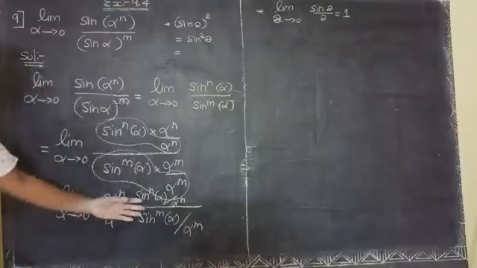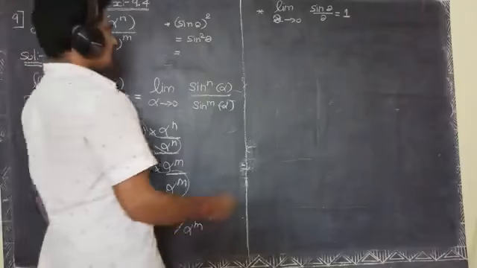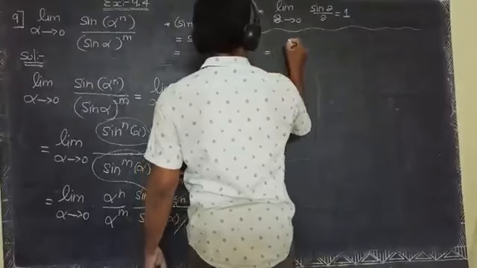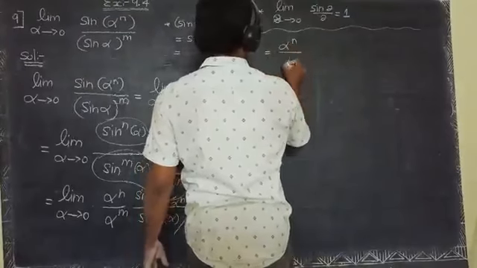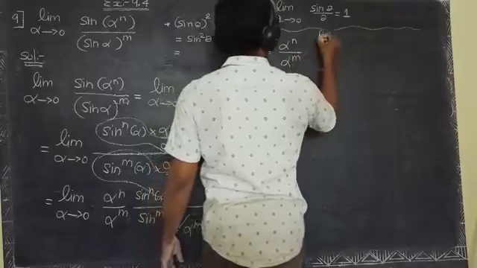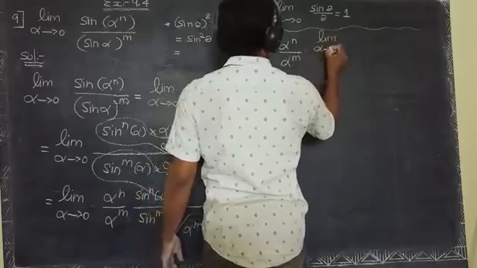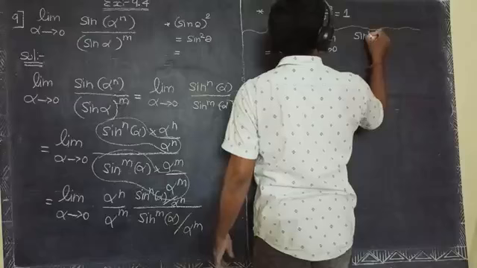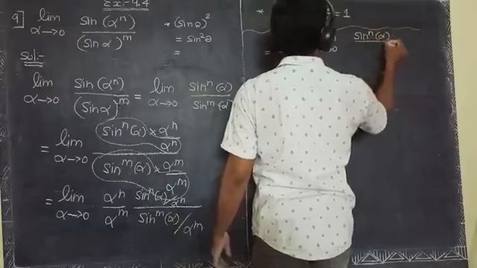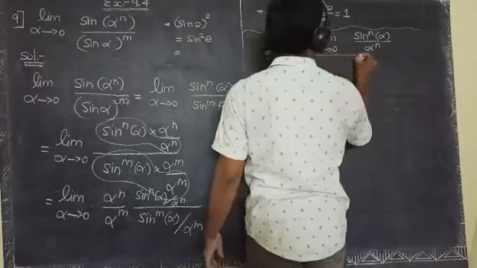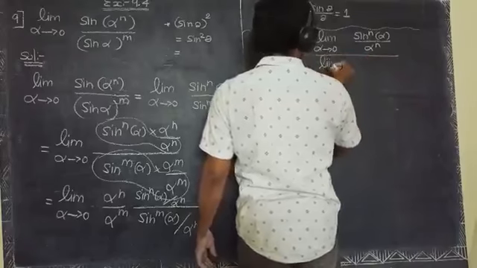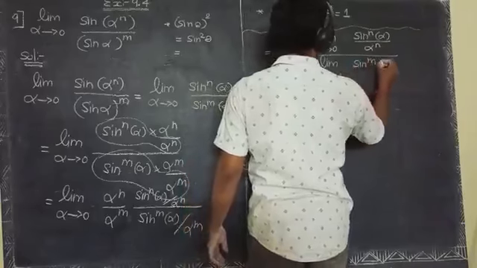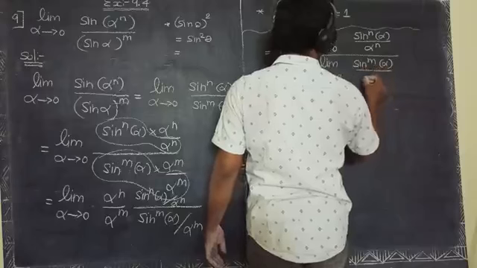Applying the limit, the resultant is alpha power n divided by alpha power m, times limit alpha approaches 0 of sine power n alpha divided by alpha power n, divided by limit alpha approaches 0 of sine power m alpha divided by alpha power m.